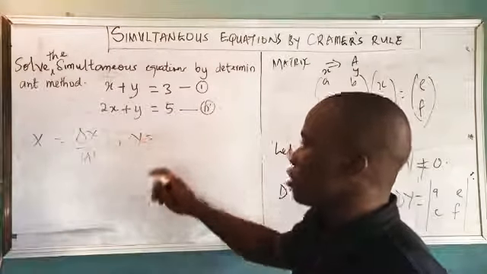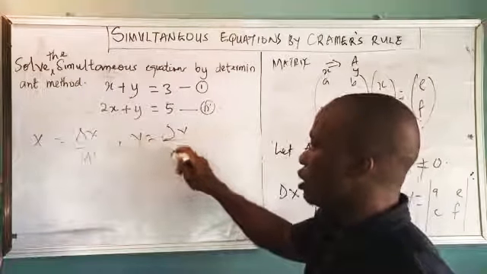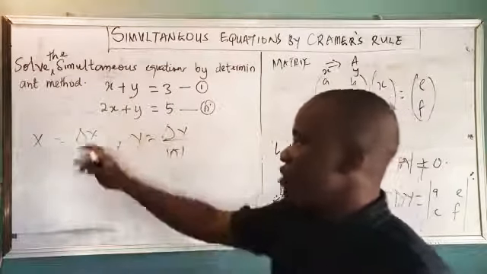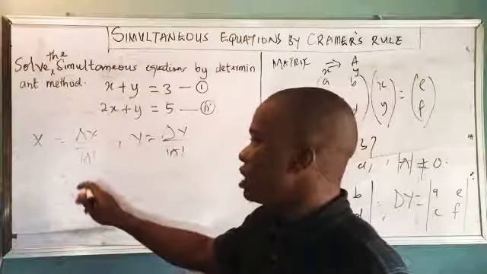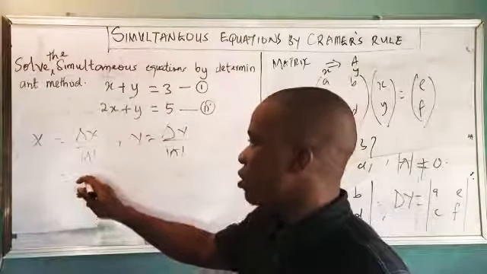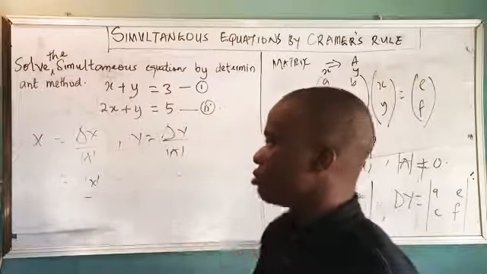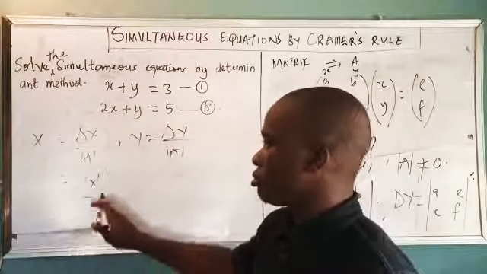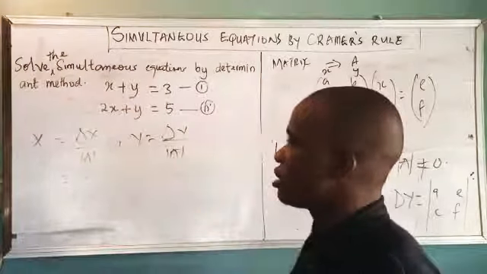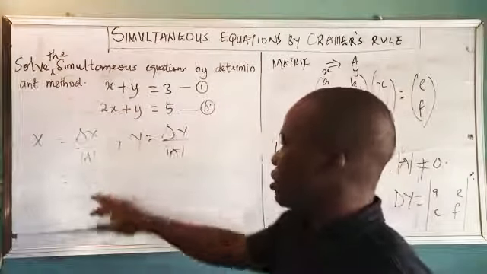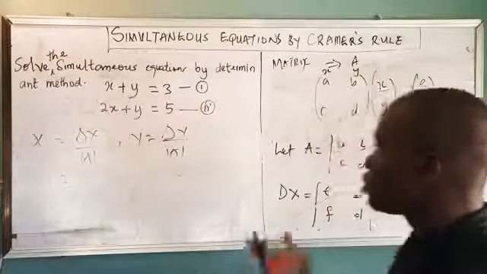Also y is the determinant of y over the determinant of A. And if you don't want to write dx, you can have it as the determinant x and the determinant y. Are you getting it?